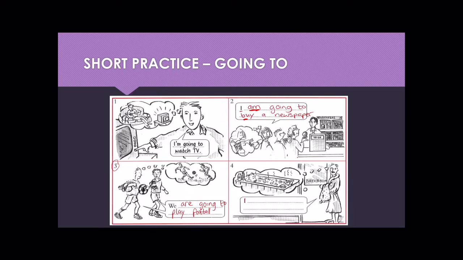And for number 4, I'm going to change it slightly. Instead of I, I'm going to say he. He is going to, we can use the verb have a shower, have a bath. Okay, so just short practice for going to. 3 examples for you.